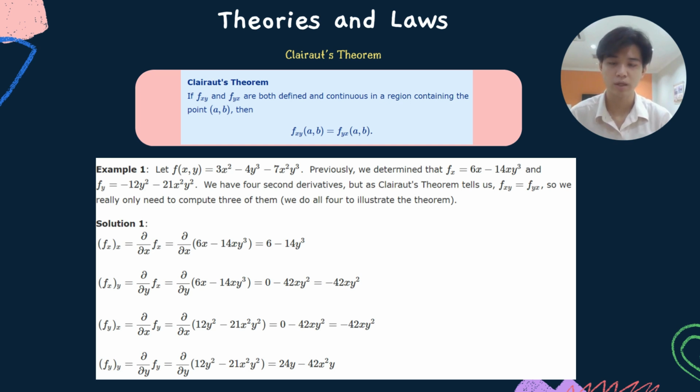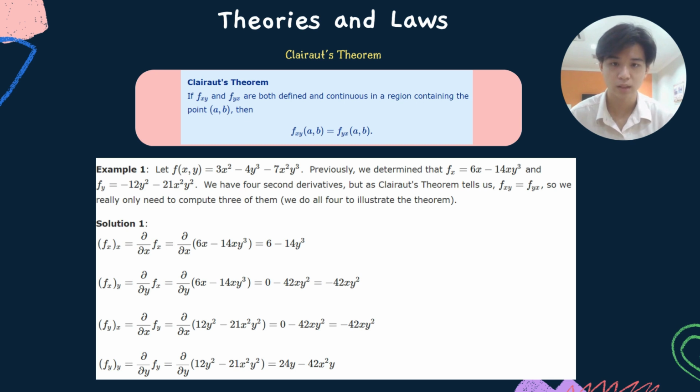Let function f with variables x, y equal 3x squared minus 4y cubed minus 7x squared y cubed. Previously, we determined that fx equals 6x minus 14xy cubed and fy equals negative 12y squared minus 21x squared y squared.